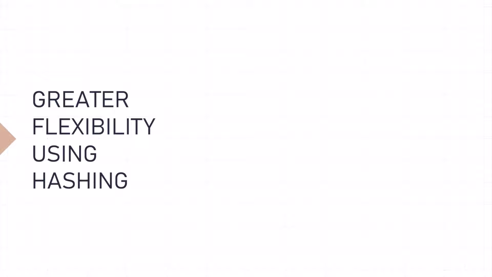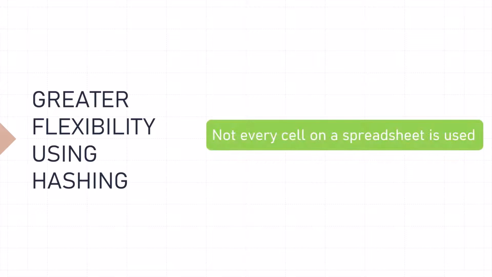And keeping with the same example, which is our spreadsheet example, we know that in any event, in the most demanding environment, not every cell on a spreadsheet is used. And so we can decide on a percentage or a constant which would relate to the percentage of a spreadsheet that will be used.